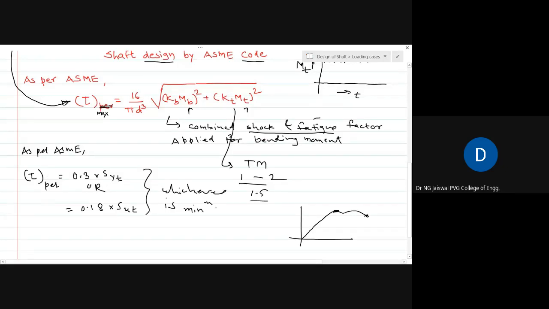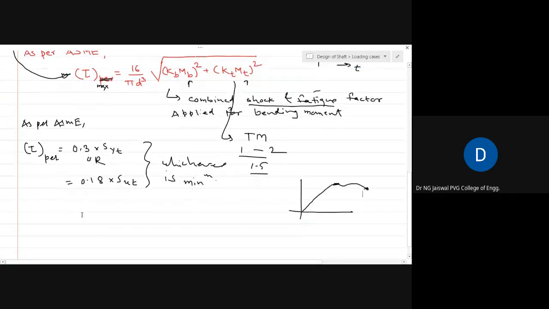So for a given material, if SYT and SUT are known, you can find out the 30% of SYT and 18% of SUT, and whichever is minimum becomes your permissible stress. You must be knowing by this time that tau maximum induced is given by this equation, permissible is given by this equation, you will equate these two, and you will get the unknown D that you can find out.